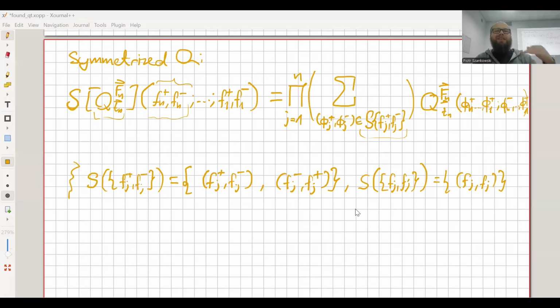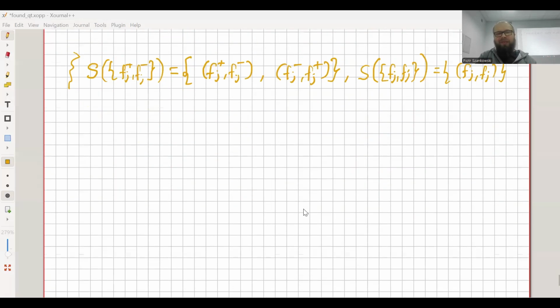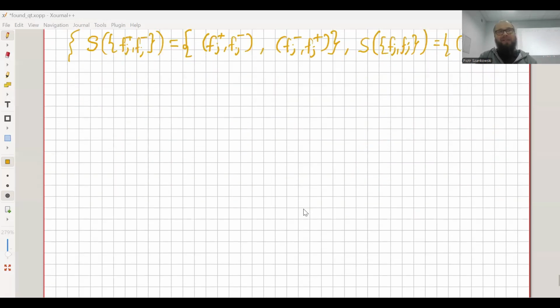What are the standards to decide if we can go with Q, or maybe it's better to go with SQ? We need to define those standards for ourselves. And the criteria we came up with, I think, are reasonable. So there are two conditions.